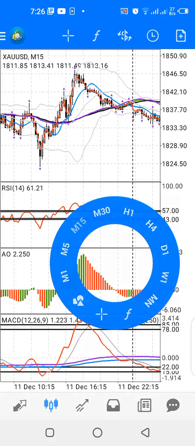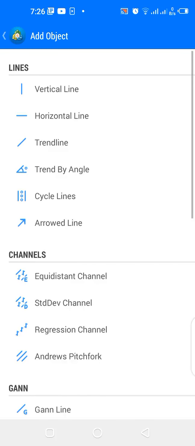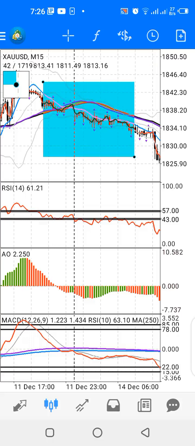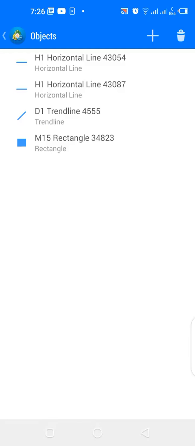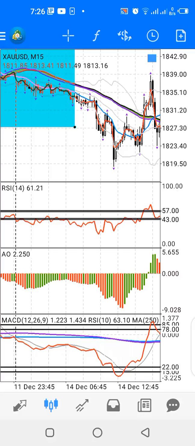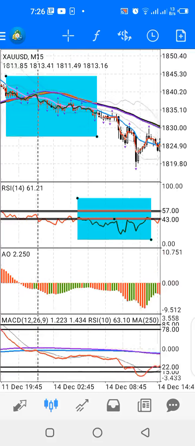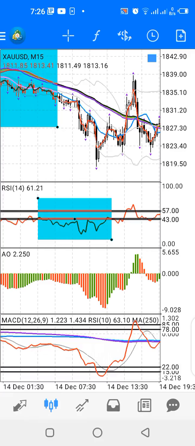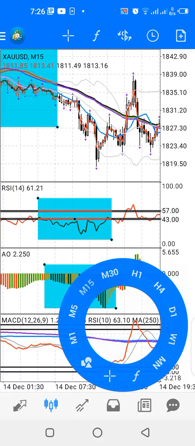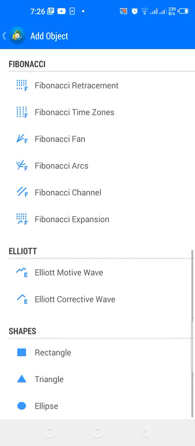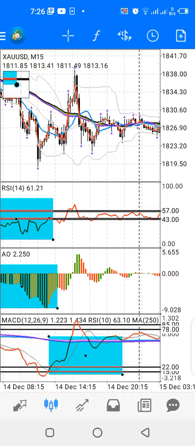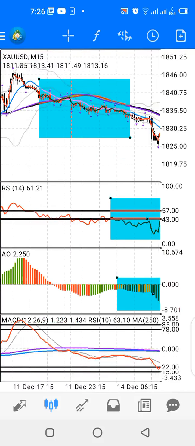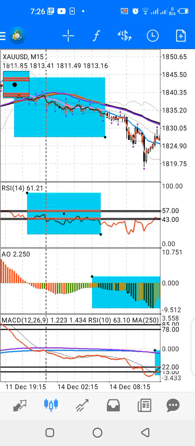This is my main window, and this is my indicator window 1. Alright, this is indicator window 2, and this is indicator window 3. So I have basically 4 windows.